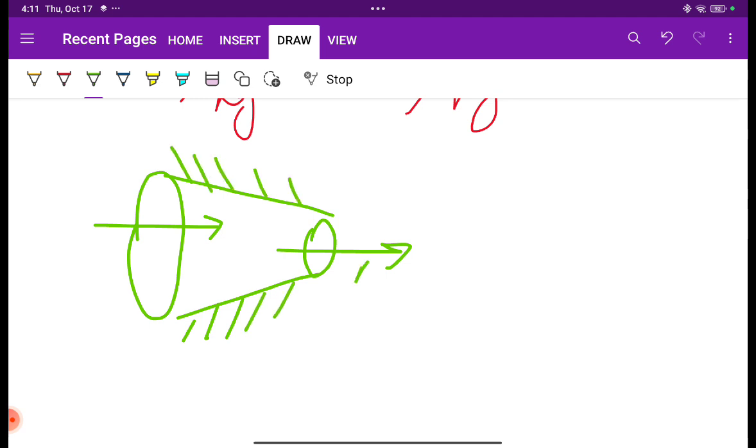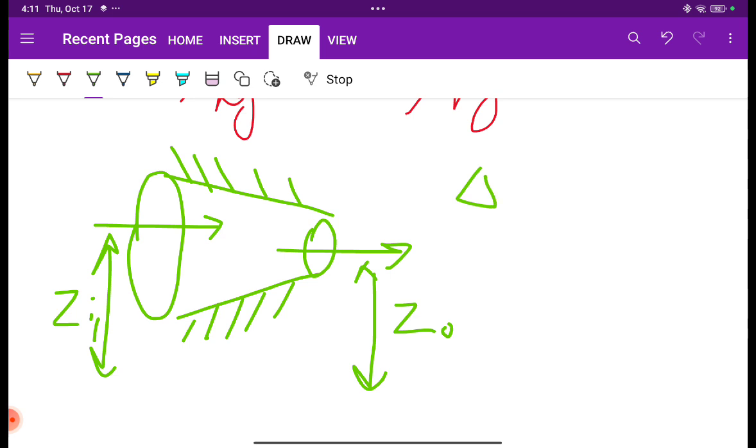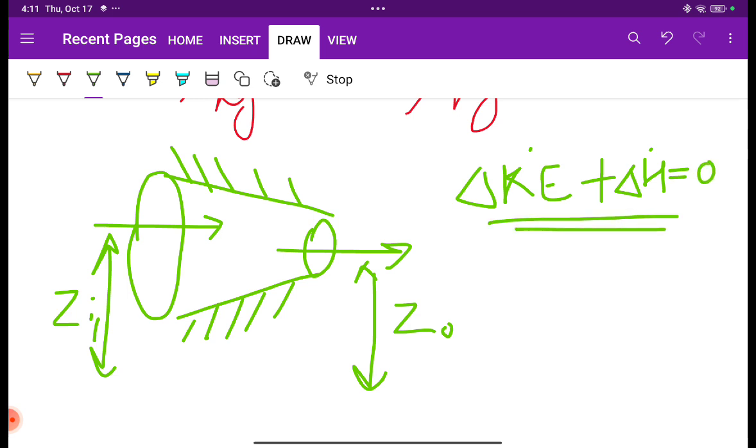Here Z0 and Zi are equal, and we know that in an insulated system there is no heat transfer. Therefore, our equation becomes: rate of kinetic energy change plus rate of enthalpy change is equal to 0. This is the steady flow energy equation for the insulated system of a horizontal nozzle, or by dividing by the mass flow rate, it is given by this formula.